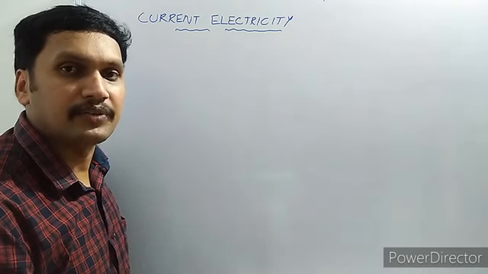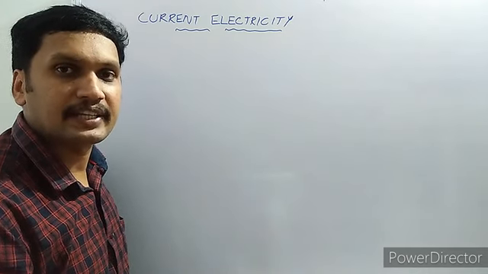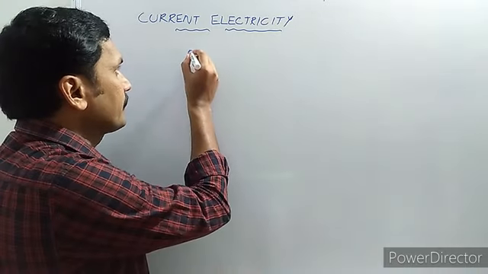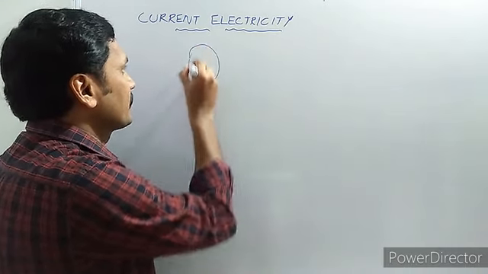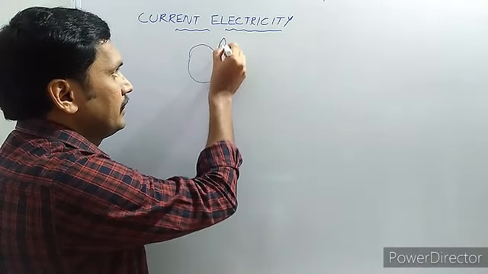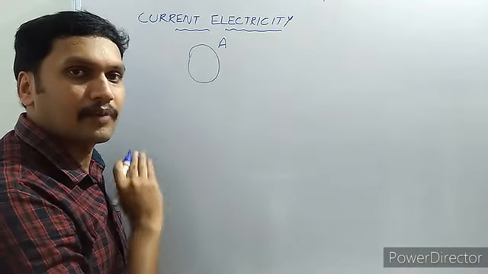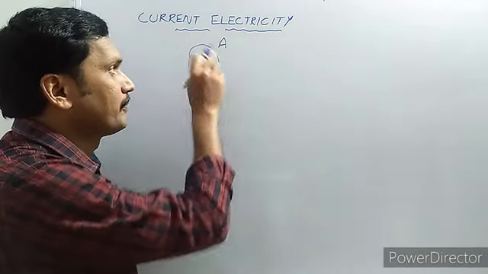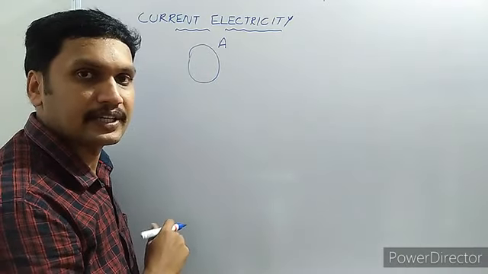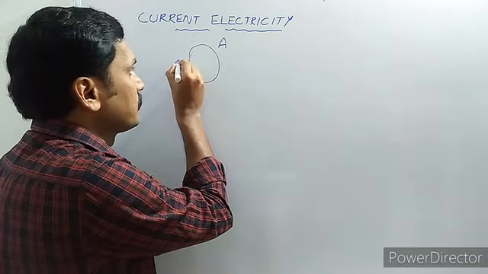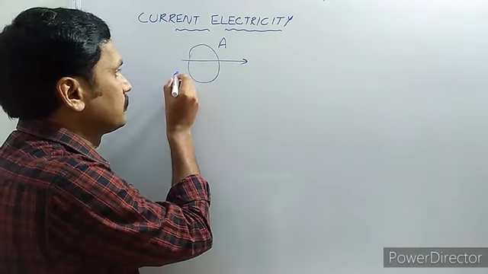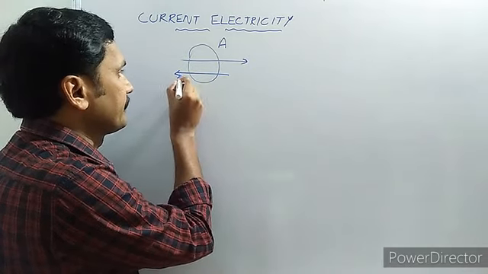First, we are trying to define what is electric current. For that, we have an area A, which is placed normal to the flow of electric charges, that is, perpendicular to the flow of electric charges. Some charges are flowing in the forward direction, some other charges are flowing in the backward direction.